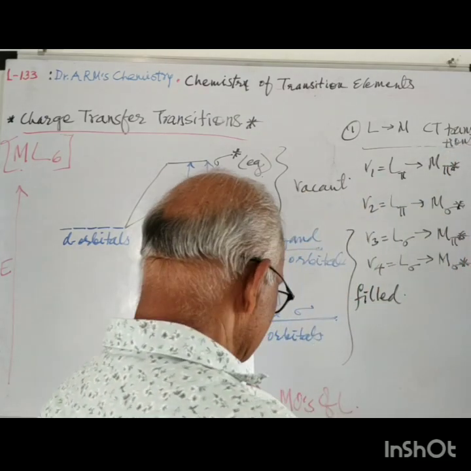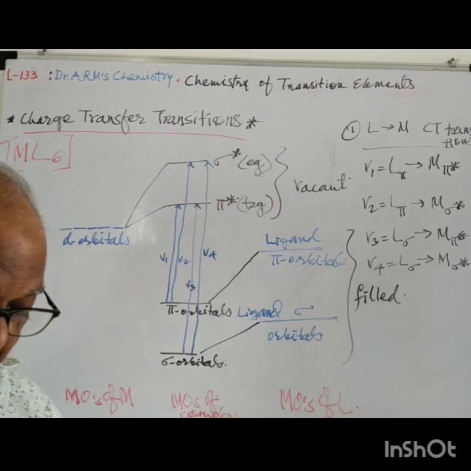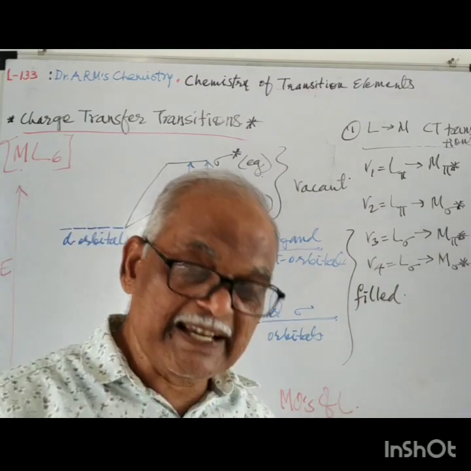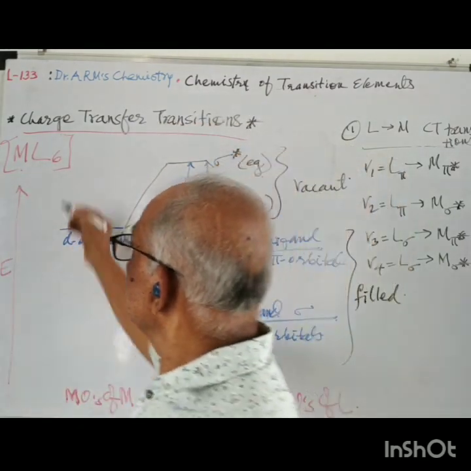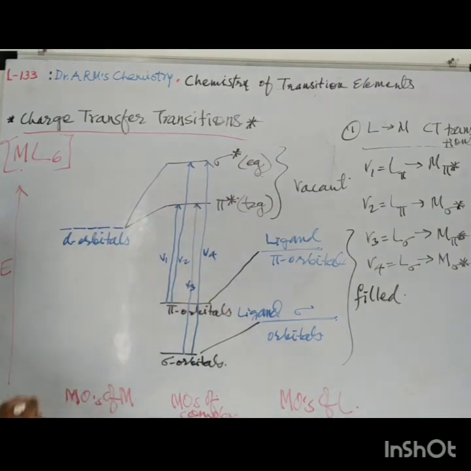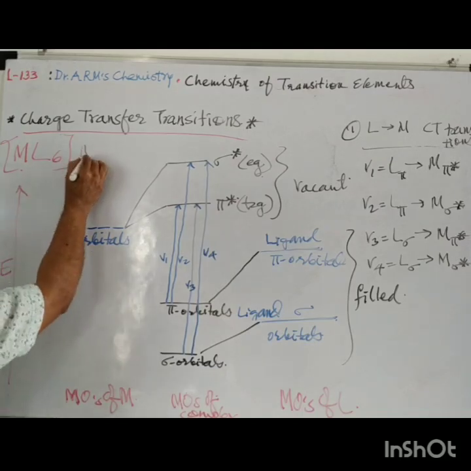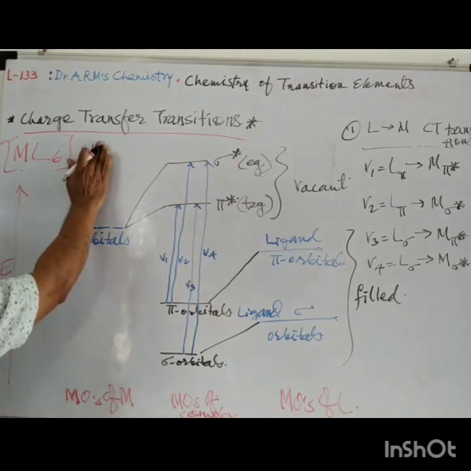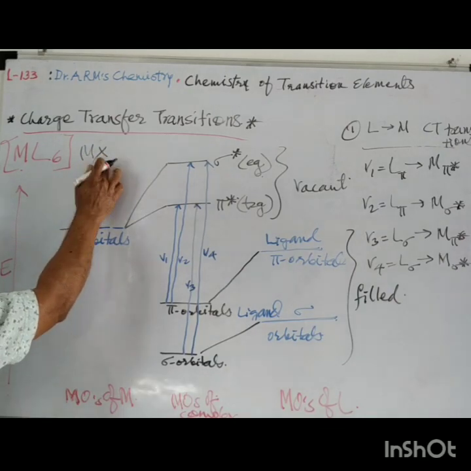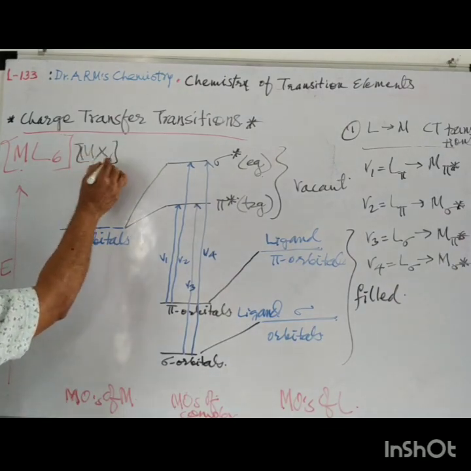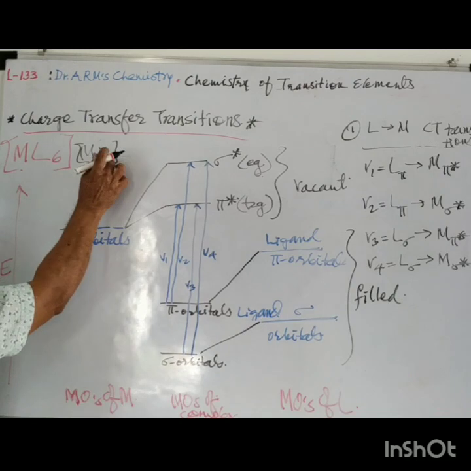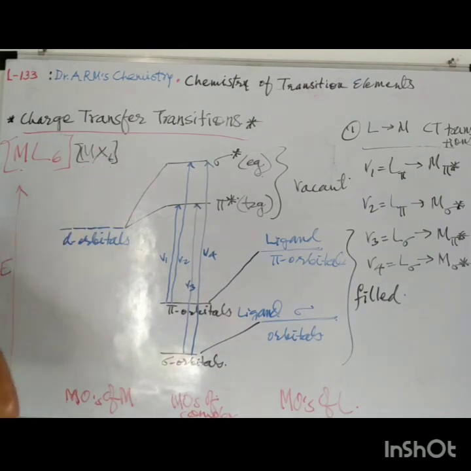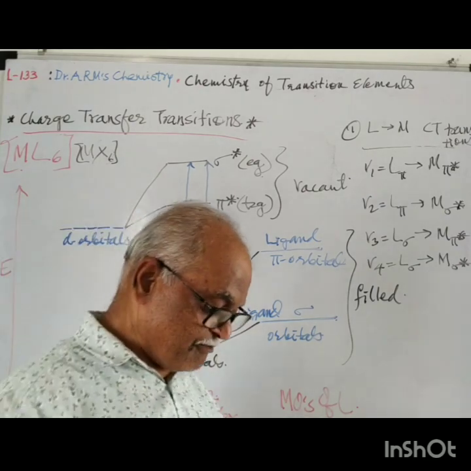They occur in the case of hexa-coordinated complexes. We can have examples of these, MLX type, ML or MX, where X is a halogen, MX6 type of metal complexes.